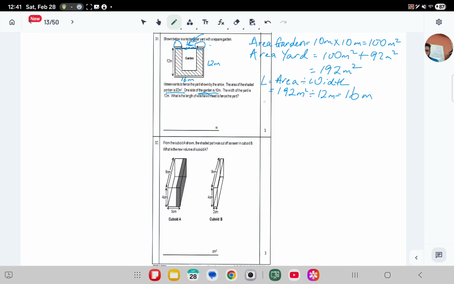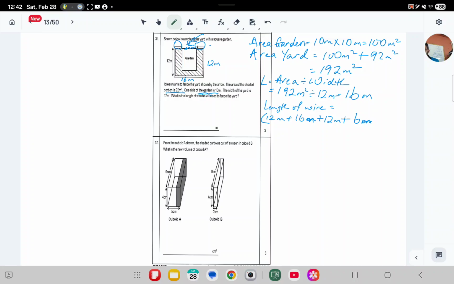So to find out the length of wire, it will be the sum of the sides. So we'll start with 12, add 16, add 12, add the difference between the 16 and the 10, which would be 6 meters.